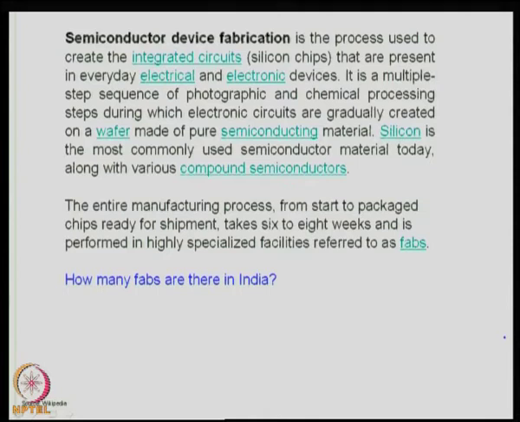It can be silicon or it can be compound semiconductors also, but silicon is the most commonly used semiconductor material today, along with various compound semiconductors. So, the requirement of compound semiconductors will arise when you want better electron mobility and for various other electrical properties that you may require for a particular microprocessor.